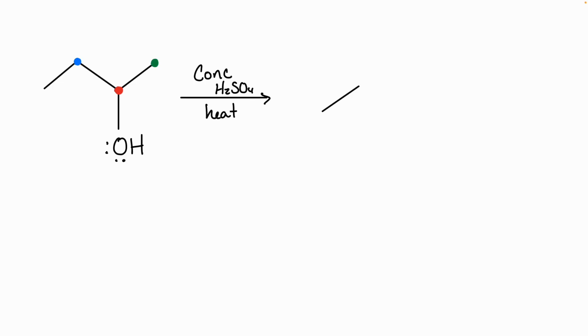If my blue carbon loses its hydrogen, that would leave me with this alkene product. And if instead it's my green one that loses its hydrogen, that would leave me with this alkene product.